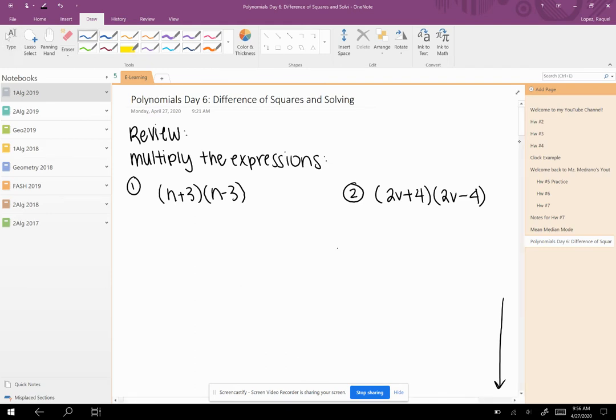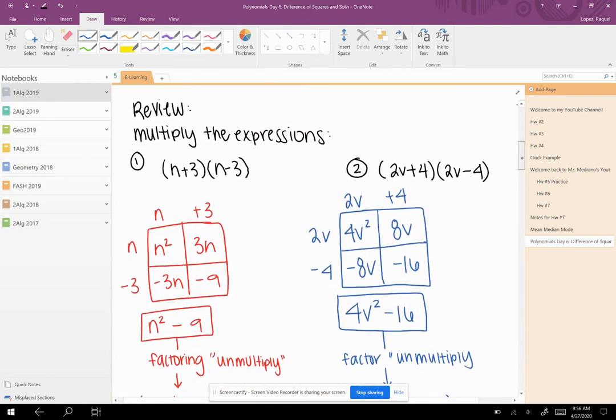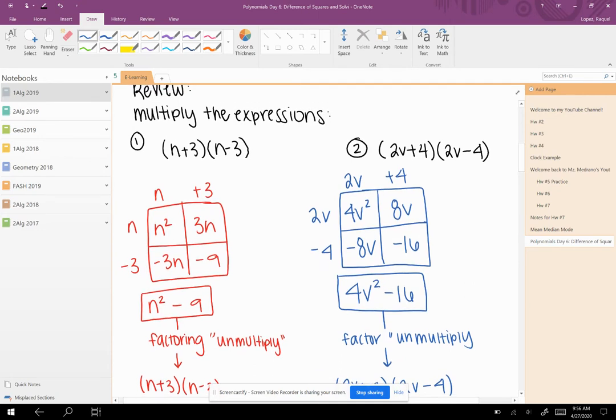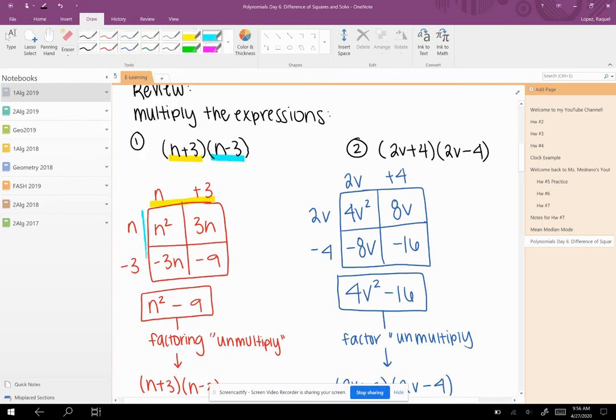Okay, welcome back. So hopefully you've multiplied both of these expressions out, and here is what you should be getting for the solutions. Whenever I multiply two binomials, I just like to go ahead and set up my lattice box. So I put n plus 3 up here, and I put n minus 3 over on the side here. And we go ahead and multiply that and then add like terms.